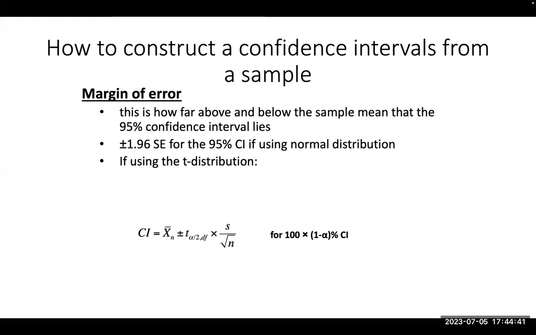So if the sample is very different from the population, it does not reflect the actual population. That's the representativeness, right?